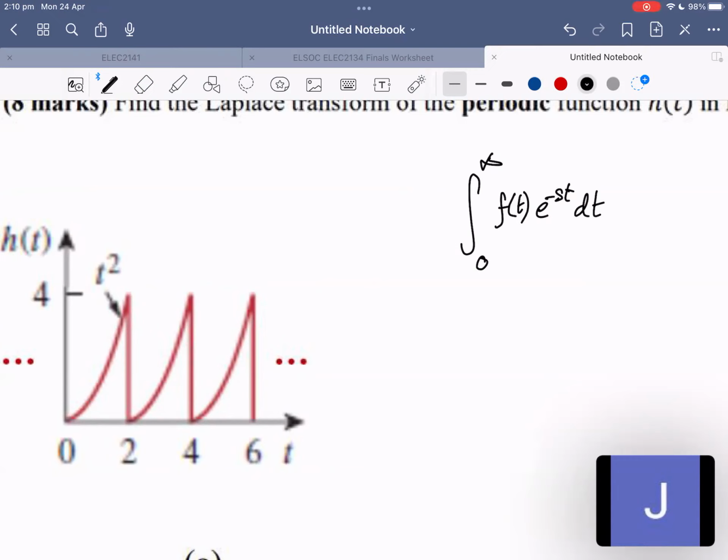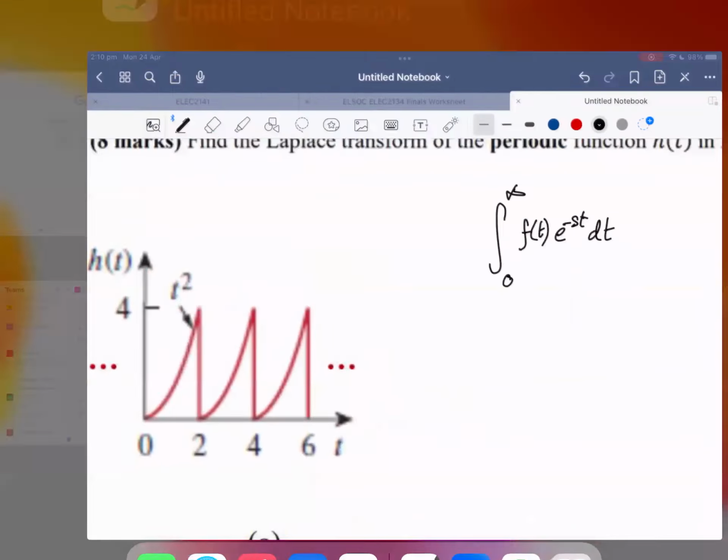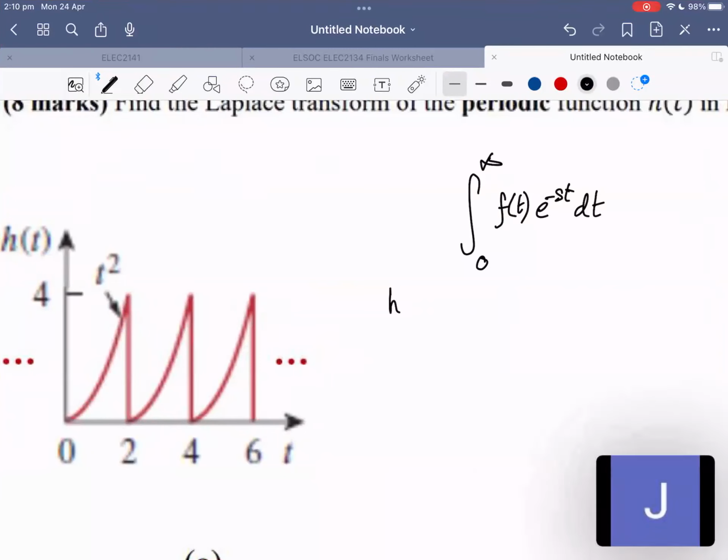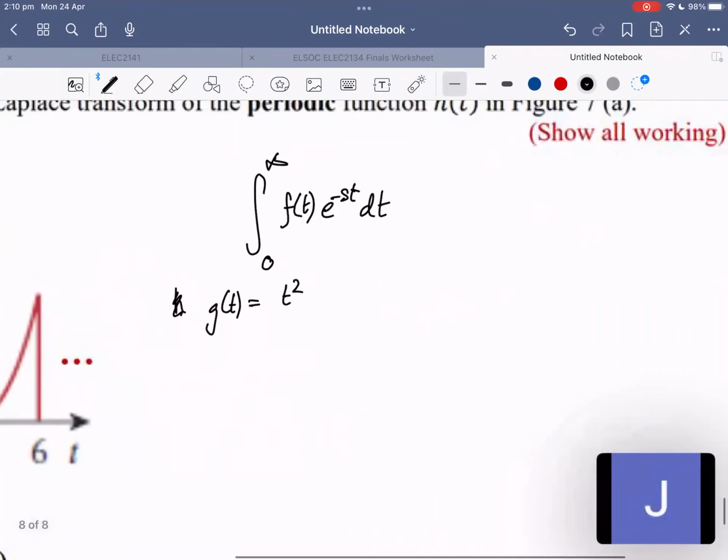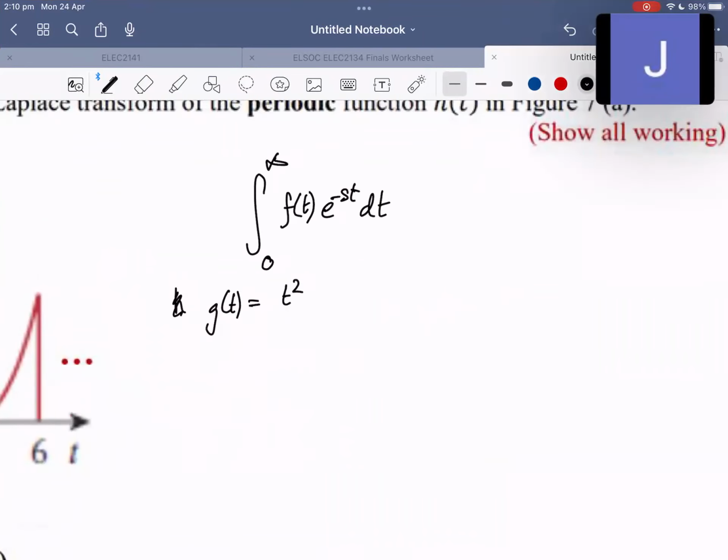So let's begin by focusing on the integral between 0 and 2. Let's say g of t equals t squared for t between 0 and 2. Let's just focus on getting the Laplace transform of that.